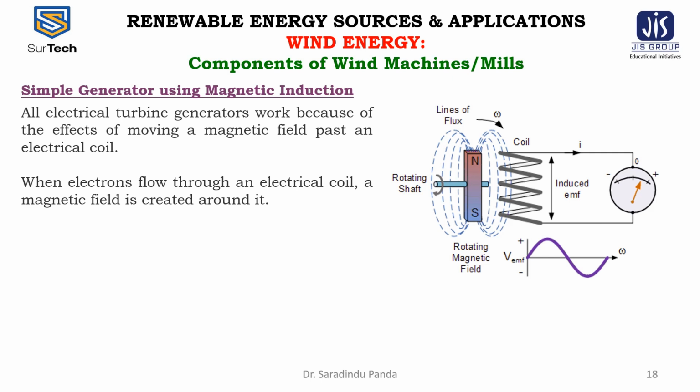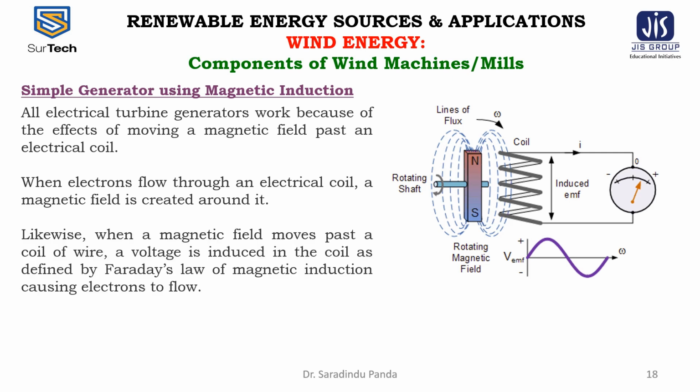This is the magnetic field, the rotating magnetic field. This is the rotating shaft, the magnet is rotating, and this is the line of flux, and the magnetic field is created and rotates along with the magnet. When the electrons flow through the electrical coil, a magnetic field is created around it.